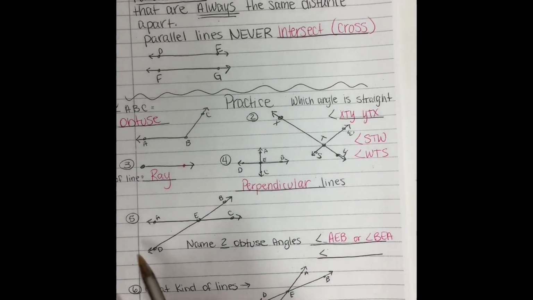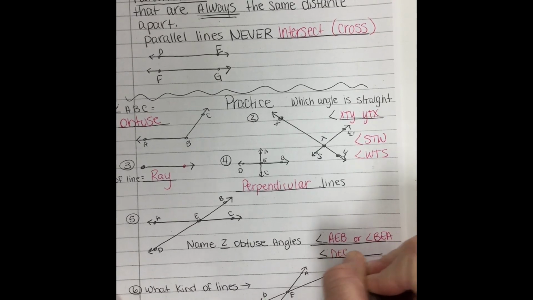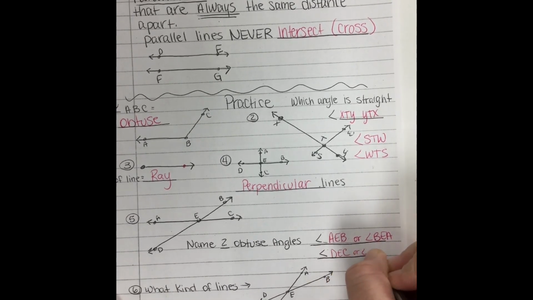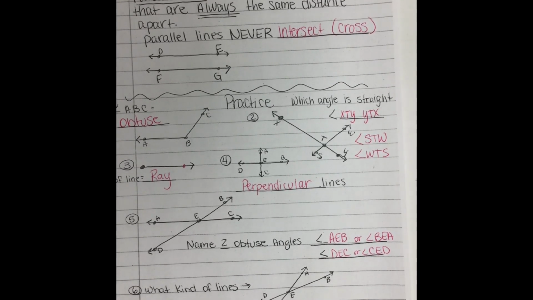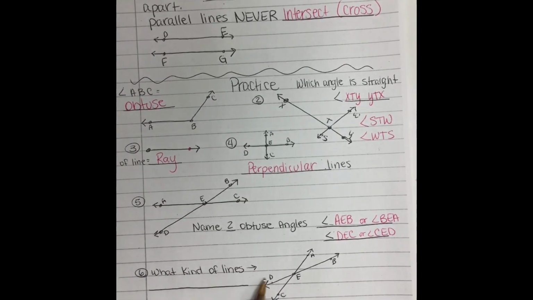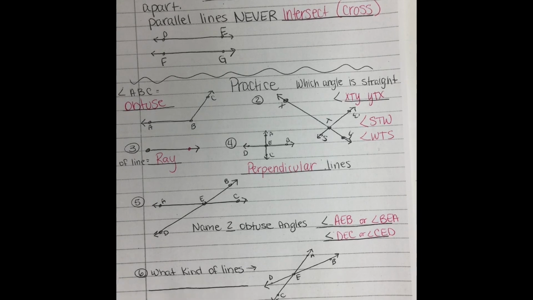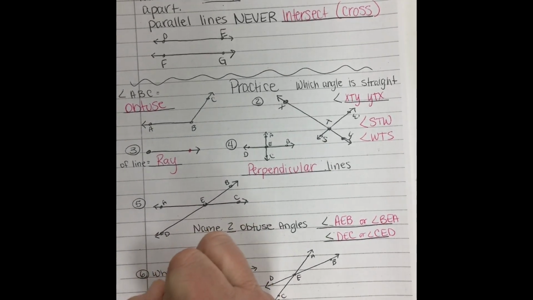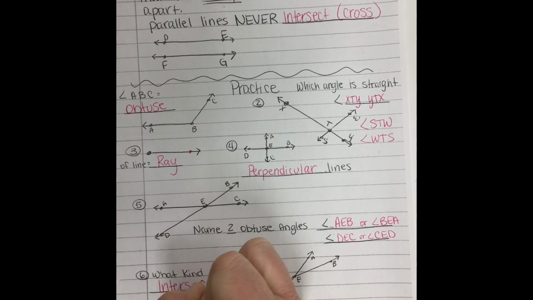The other one is angle DEC. You could have said CED, as long as that E is the center point. Okay, it's your vertex. All right, and what kind of lines are these? Oops, intersecting.